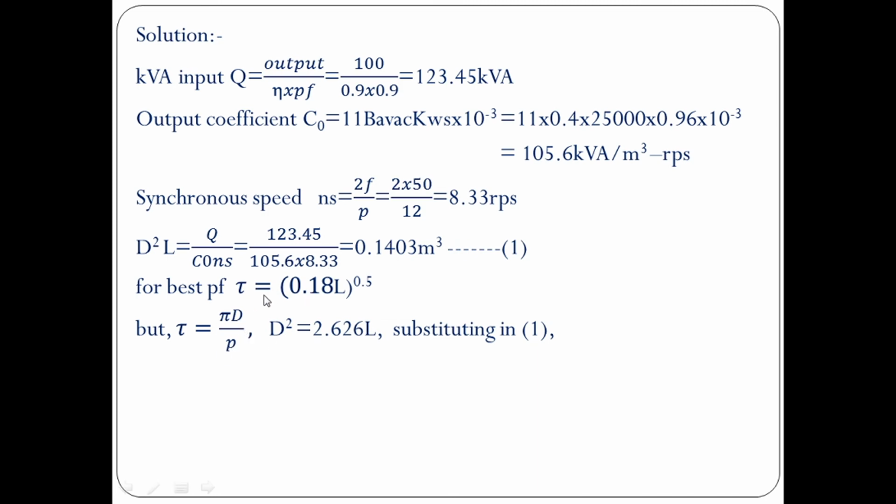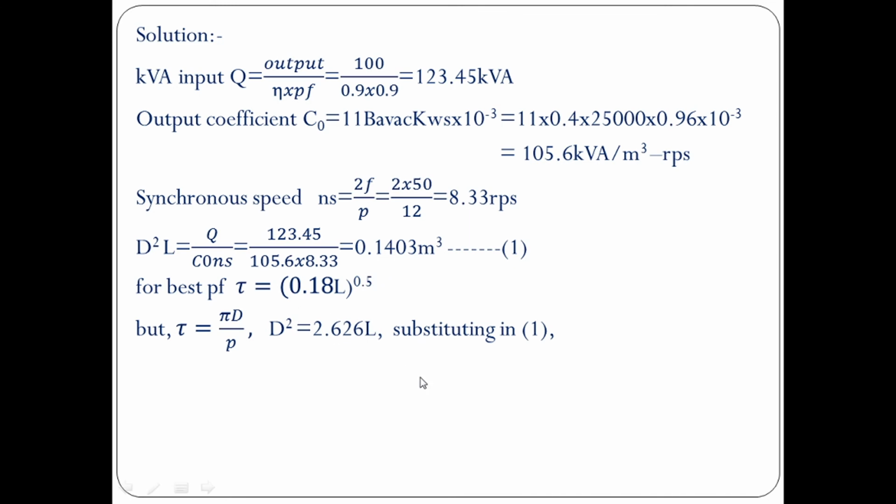So pi d divided by p equals 0.18 L under square root. So you will be getting d square as 2.626 into L. Instead of pi d by p, you have to put the tau value. And D square L value you also got as 0.1403 meter cube.